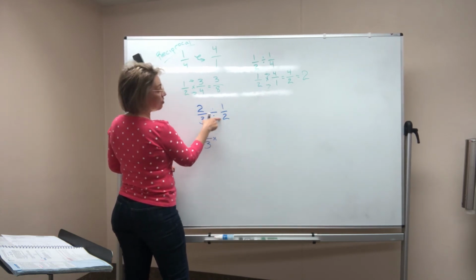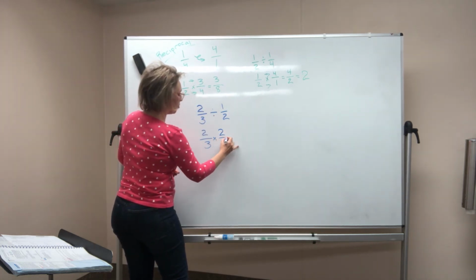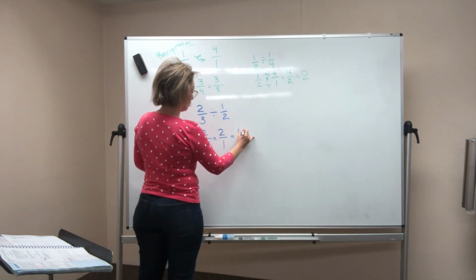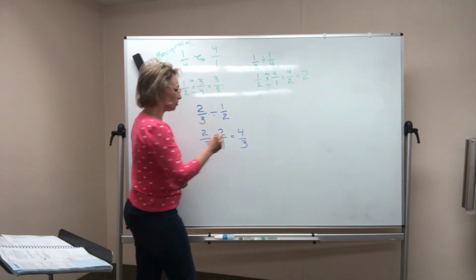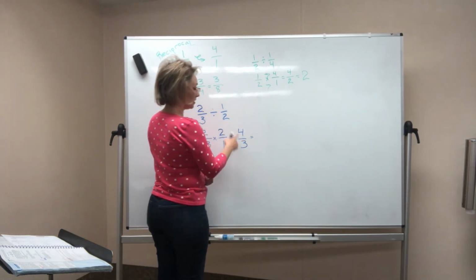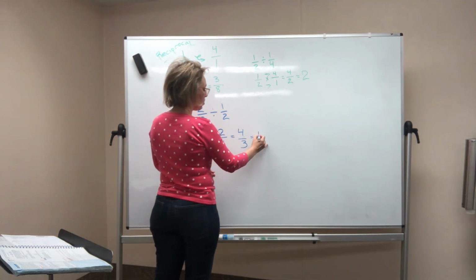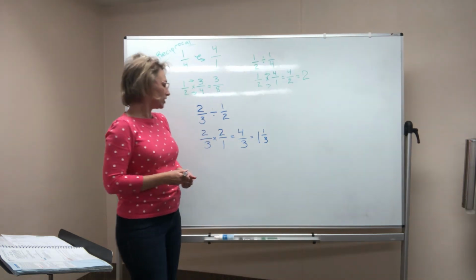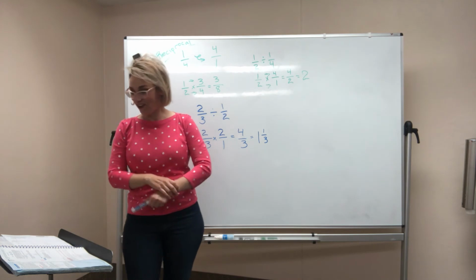The reciprocal of 1/2, flip it the other way, it's going to be 2/1. Now I just multiply the way I know how. 2 times 2 is 4. 3 times 1 is 3. It's an improper fraction right now, so I have to change it. 3 goes into 4 one time, and I have 1 left over. So the answer is 1 1/3. Let's see if we got it right. Yay, we did. It's 1 1/3.